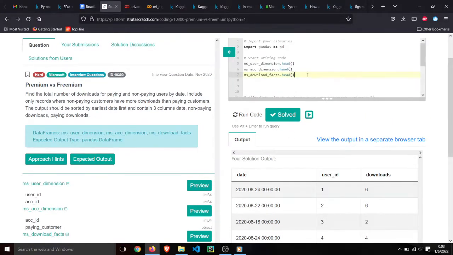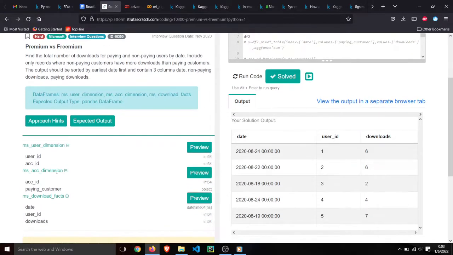Okay, so first we're gonna join all of these data frames, right? First we're gonna join the user data frame and account data frame on account ID. You can see this is the user data frame and the account data frame on account ID.